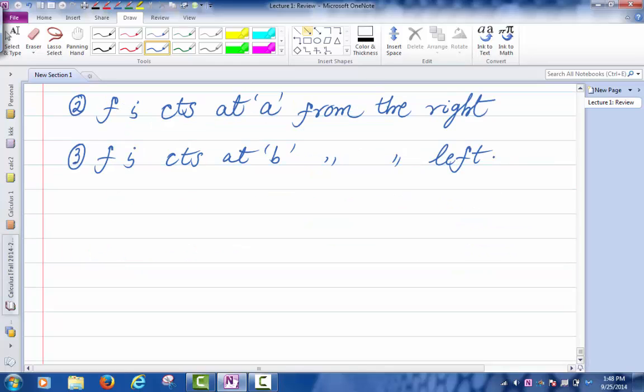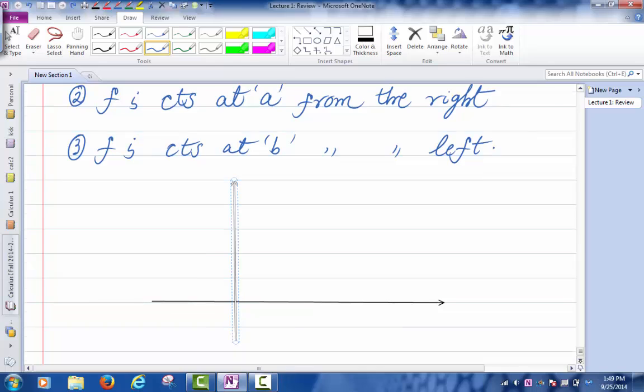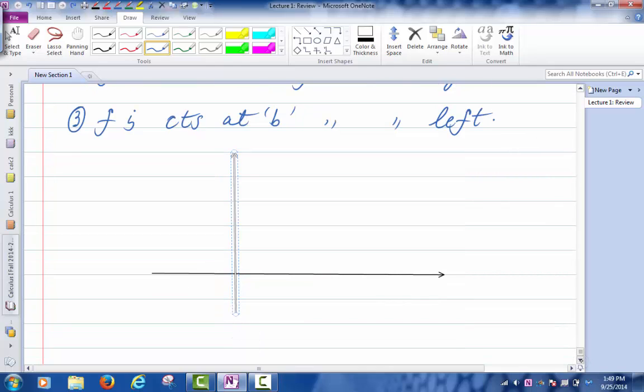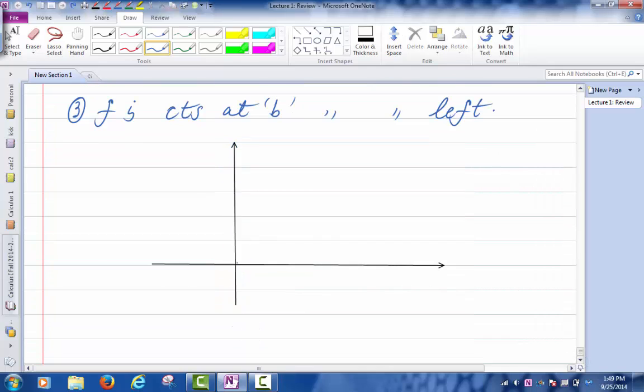So as an example, let's consider a function like the following. Let's make a graph again.